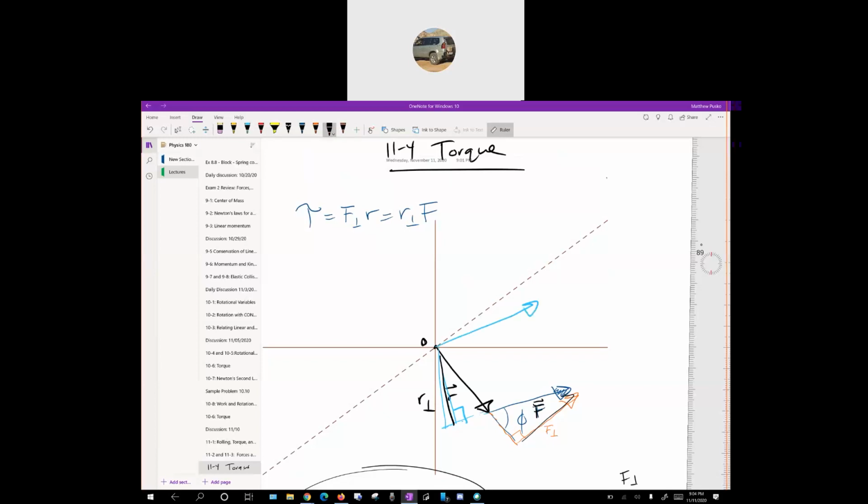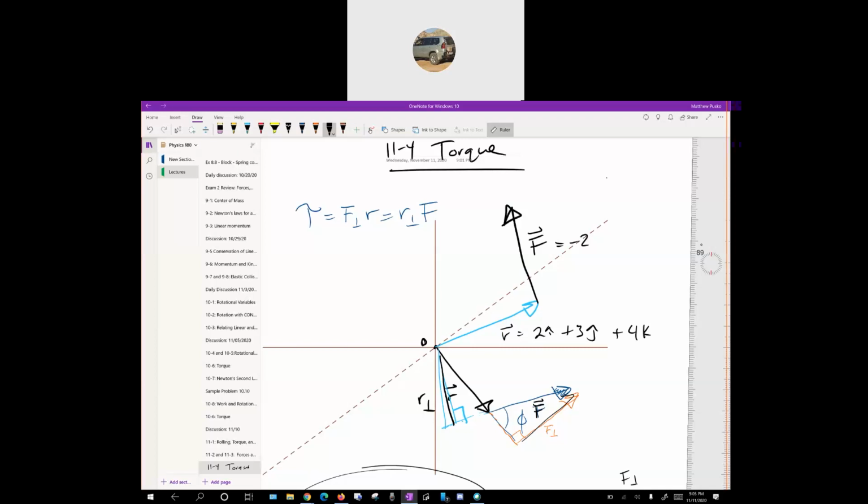Okay. In general, though, it can be 3 dimensions, and if we have some vector pointing off into space and some force acting on it, the vector R could have as many components, 2i plus 3j plus 4k, and the force could have as many components, up to 3, that we'd want also.